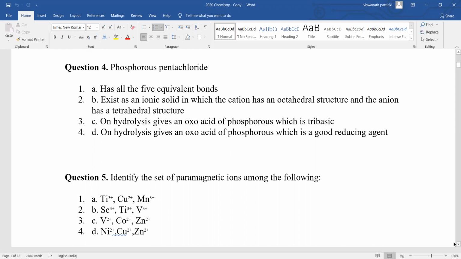So PCl5 has 5 equivalent bonds. This is wrong. So why is this wrong? It has a structure like this.